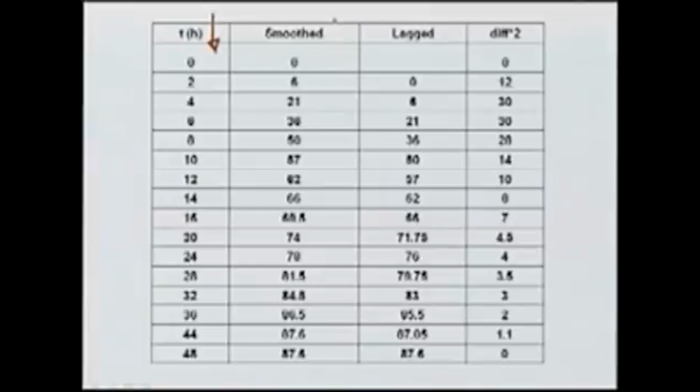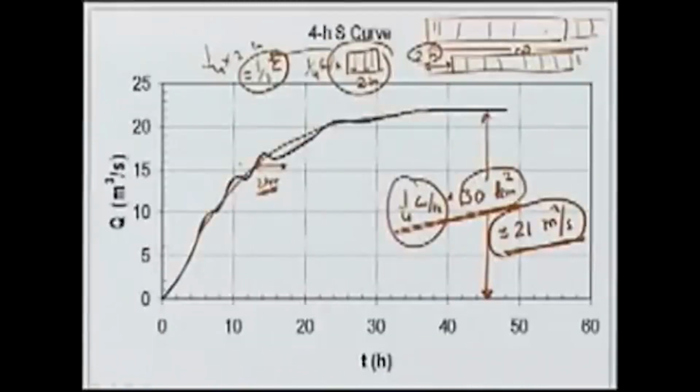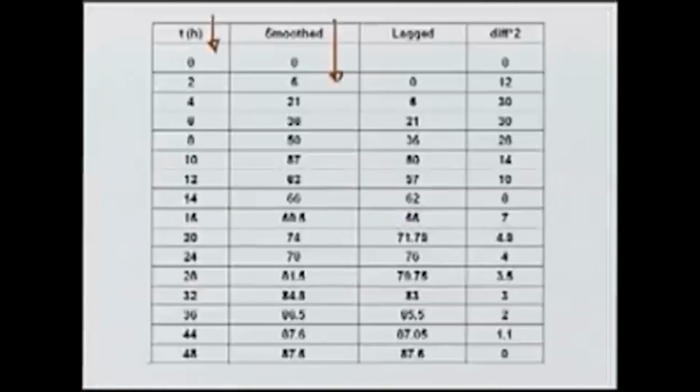Time, this is the smooth curve which we have fitted here. The ordinates of that smooth curve are given here, and then we lag it by 2 hours. So, this 0 corresponds to this 0 with a lag of 2 hours. Similarly, this 50 at 10 corresponds to 50 at 8, and so on.